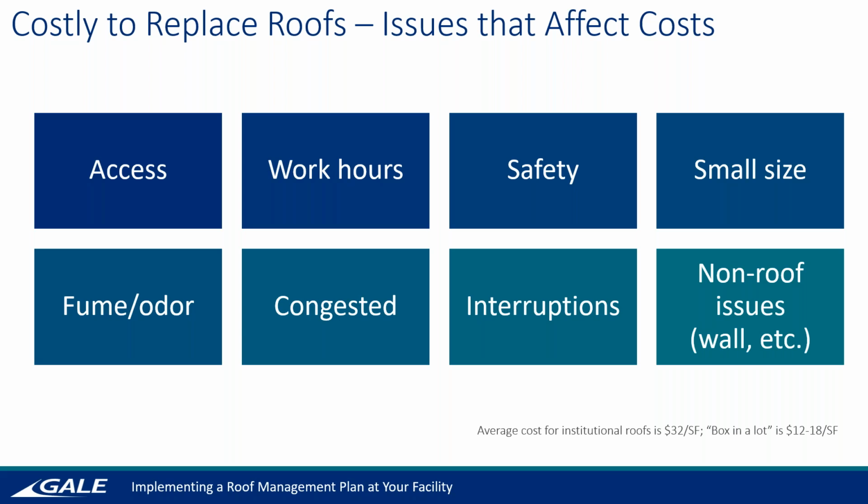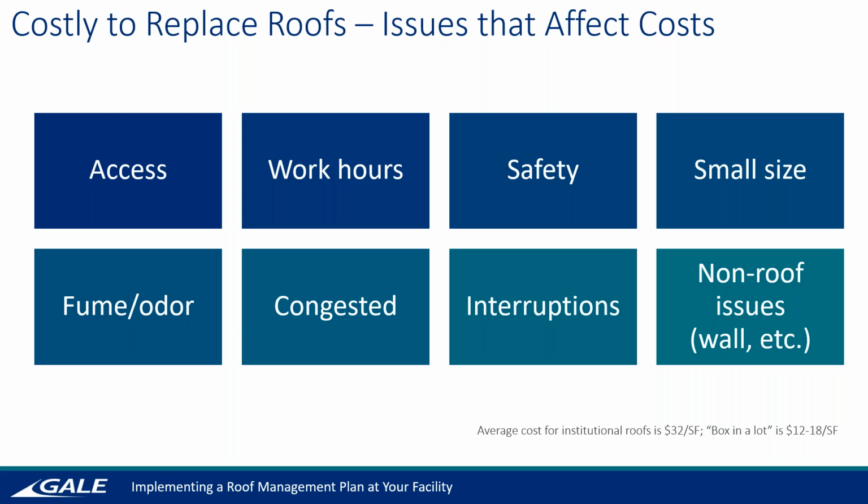Thank you, Tony. Yes, Tony gave us a great example there. He's showing us $30 a square foot, but there are a lot of other factors that can affect the roof cost in your facilities. Things like access, work hours, safety, whether it's the safety of the workers or the safety of the users below, small size, we'll get into that a little more, fume odor, right?